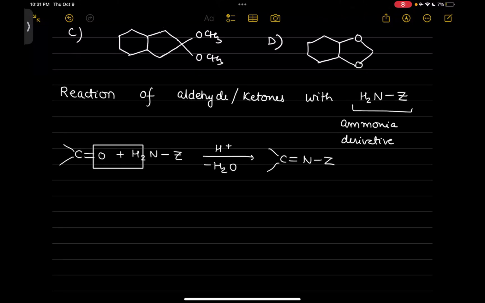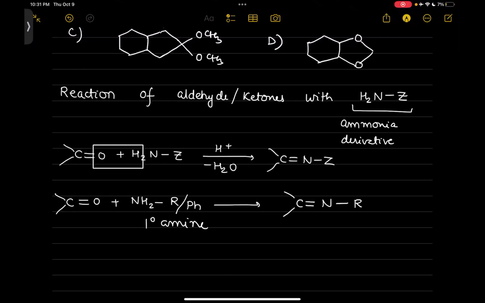So what these ammonia derivatives specifically are depends upon the Z. If the Z is an alkyl group, R is any alkyl group or pH, okay, the product which is going to form, R or pH, whichever you have taken, these are known as imines. NH2 is amine, this is imine. Is it clear or not?